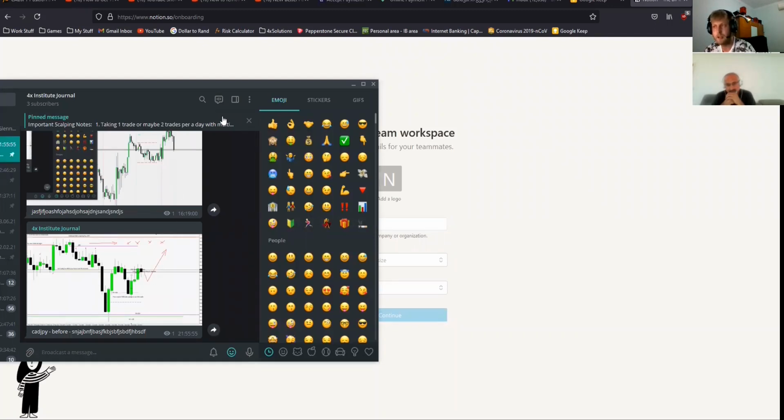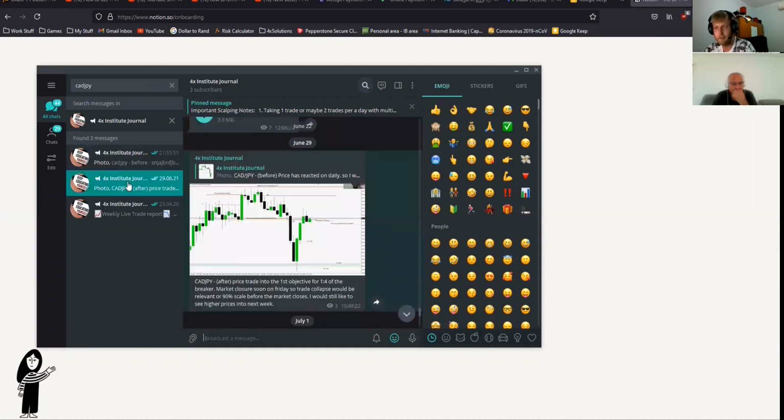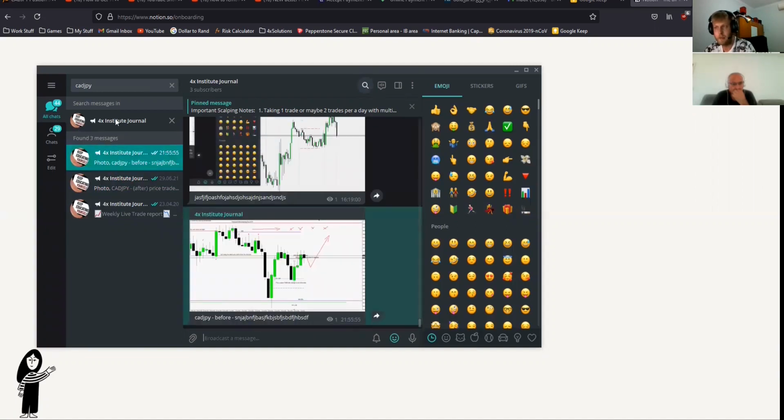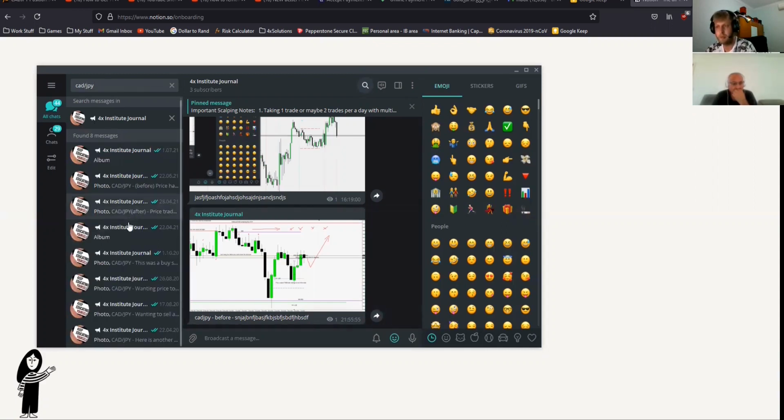Another feature I like about Telegram is that I could come here to my journal, and click on this magnifying glass, and if I want to pull up previous trades of any CAD JPY that I took, I can come here and search CAD JPY, and then I can pull up all of my CAD JPY trades that I've put into my journal here.